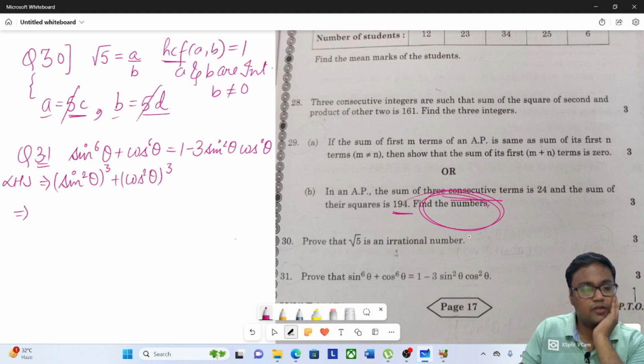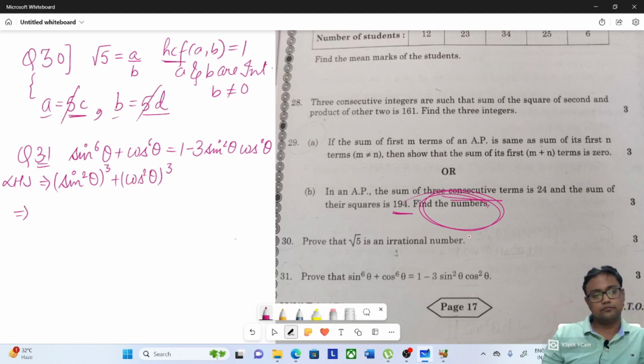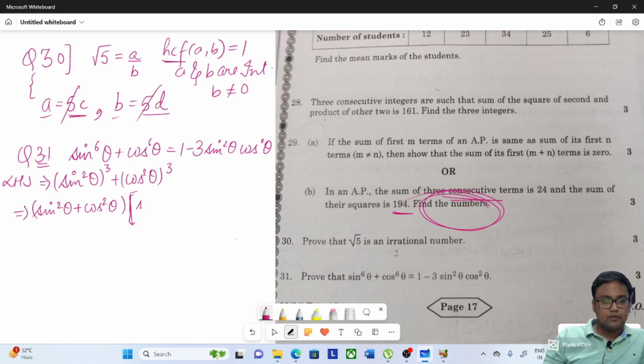तो by using the formula for a cube plus b cube, children, ये भी हम कर सकते हैं. तो I may apply a plus b, a square, that is sin square theta का square plus cos square theta and minus ab, that is sin square theta cos square theta.